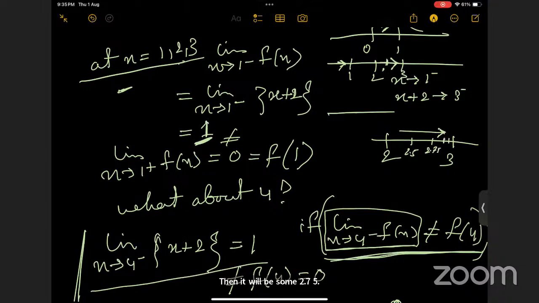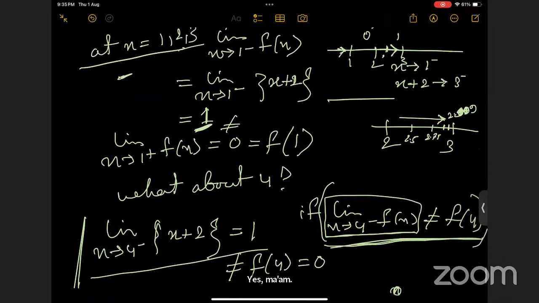Then here the point will be something near to 1, right? Like 0.9900 something, right? Yes, ma'am.